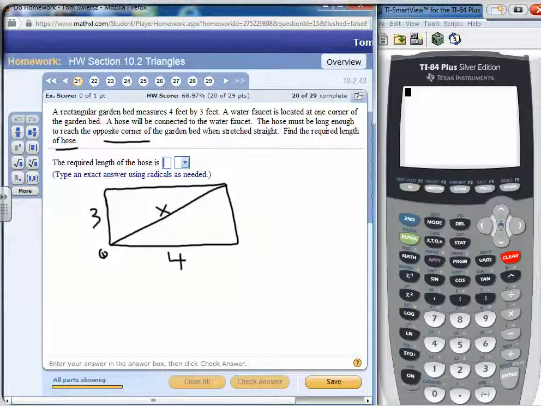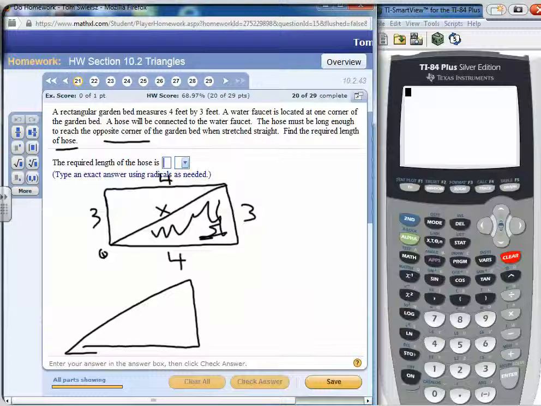Now notice, in rectangles both widths and lengths are equal. So this is 3 and this is 4. So if you look at this triangle right here, the length is 4, the width is 3, and then the hose goes across. There are right angles in a rectangle.